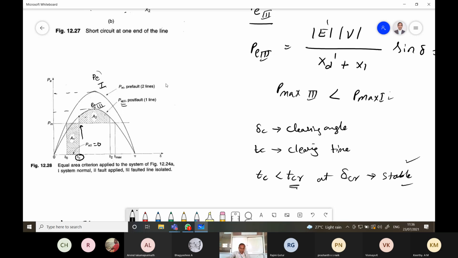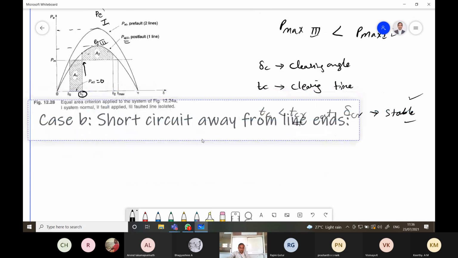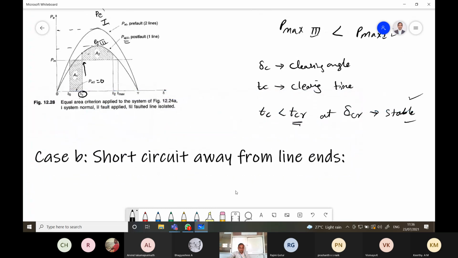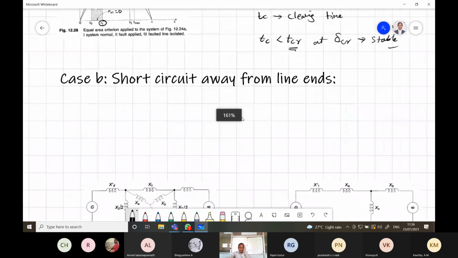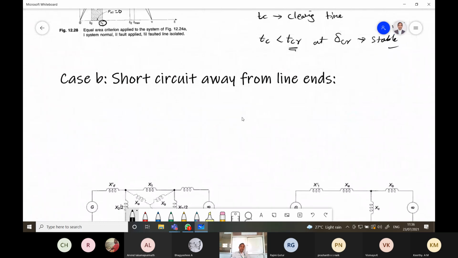Next one is case B: short circuit away from the line ends. Away from the line ends means the middle of line 2. We can write this as a short circuit fault at the middle of line 2.